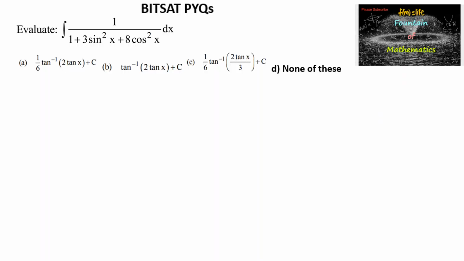Evaluate the integral of 1 upon 1 plus 3 sin²x plus 8 cos²x. Here there are two terms, sin²x and cos²x. Let us convert into sec²x and tan²x.